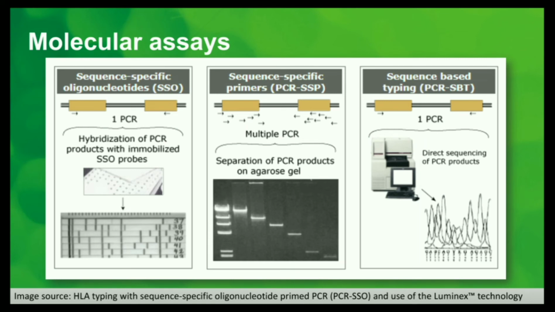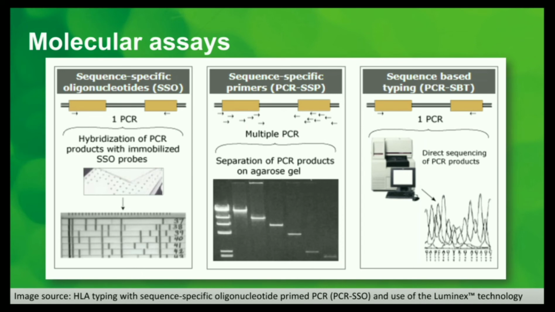So in this picture, there is sequence specific oligonucleotides, having one PCR and hybridization of PCR products with immobilized SSO probes. The second one is sequence specific primers, which have multiple PCRs and the separation of PCR products on the agarose gel. And sequence based typing has one PCR, which is directly sequenced.